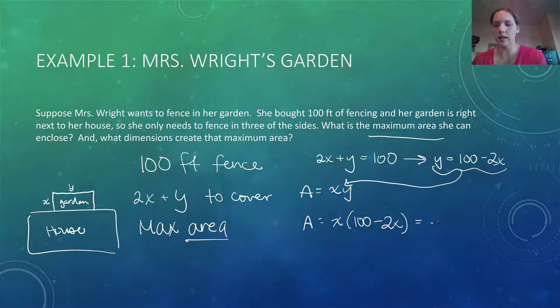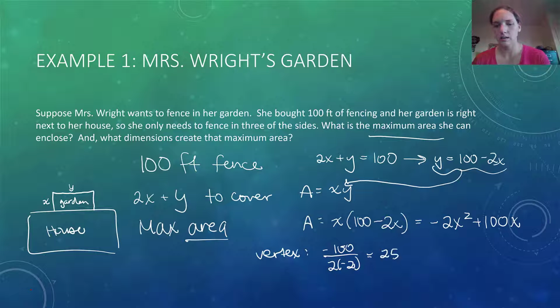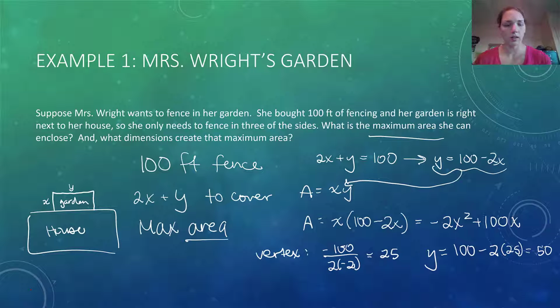This is negative 2x squared plus 100x. So the vertex is at negative b over 2a. So x should be 25. And then y would equal 100 minus 2 times 25. So that's 50.